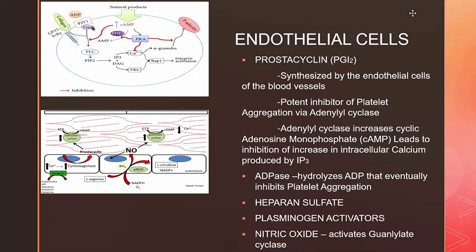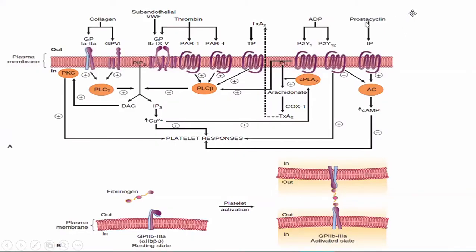Your adenylyl cyclase, as kanina na-discuss natin, increases your cyclic AMP or cyclic adenosine monophosphate that lead to inhibition of increase of intracellular calcium. That is the function of your prostacyclin. Ito siya. This one. Prostacyclin promotes adenylyl cyclase, increase cAMP, inhibits calcium increase.